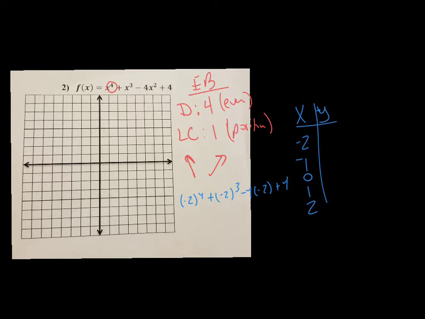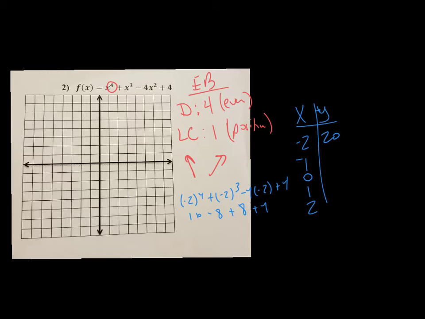Now, I don't have a calculator, so I'm just going to do it in my head, so I get 16 minus 8 plus 8 plus 4, so I end up getting 20. Now 20 is not really going to help me because it's probably not going to fit in the graph, but it is telling me it's going to go up and to the left. Which for the most part, that's actually really good. It's agreeing with my end behavior.